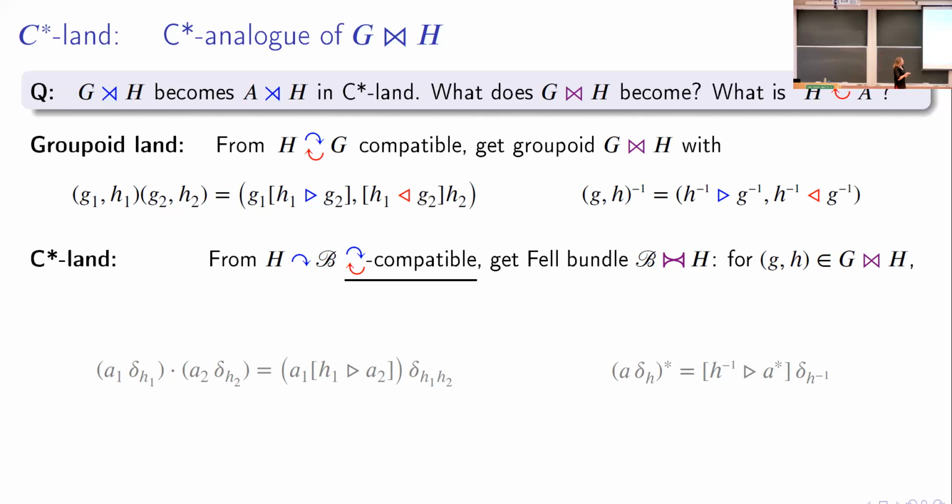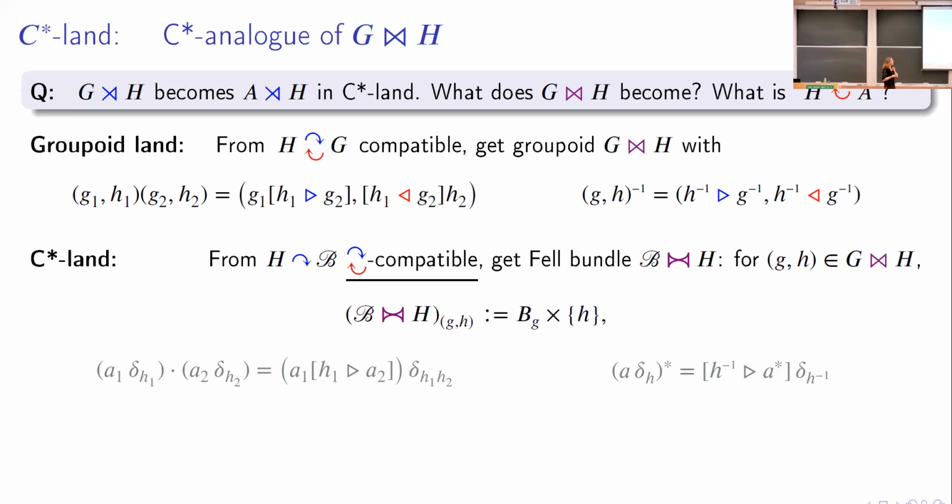And what I do is that for an element over the Zappa-Szép product of G and H, the fiber of that new Fell bundle is just supposed to be always B_G. So just whatever (g,h) you start with, always it's the same fiber B_G of my original Fell bundle that I started with over G.